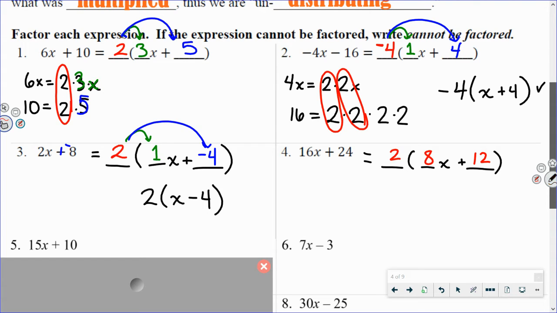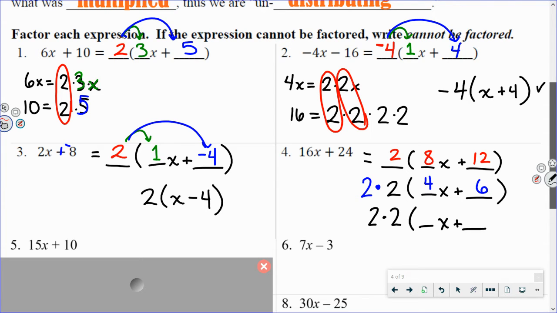However, I think you'd agree with me when you spotted the fact that 8x and 12, there is another 2 that can be pulled out. 2 groups of 4x is 8x, and 2 groups of 6 would make 12. Wait a second. We see it once again that 4x and 6x have a common factor of 2 that can be pulled out, because 2 sets of 2x is 4x and 2 sets of 3 is 6.